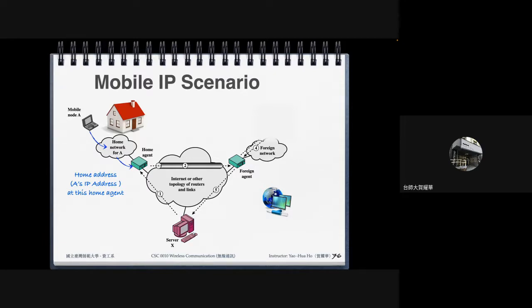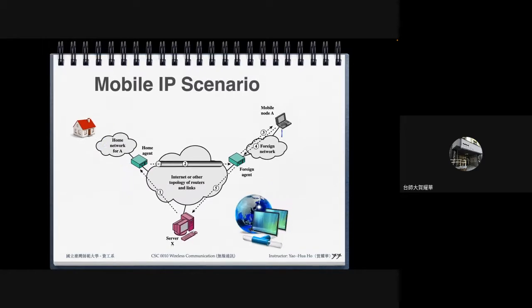Okay, so the next thing is when the mobile node moves to a foreign agent. Now I move from the home agent to a foreign agent. Okay, so the next thing I try to do is this: if I'm at the foreign agent, right, I need to connect to a foreign agent and register myself to a foreign agent. Okay, so the mobile node A now connects to a foreign agent and registers itself to a foreign agent.